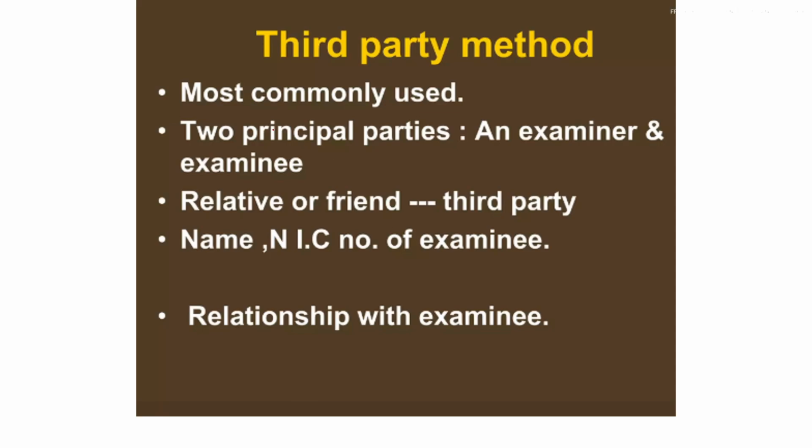The third party method is the most common method in which two persons are there and asking different questions to know about the identity of a person. All right, there are two principal parties, an examiner and examinee. They might be the relatives or friends, and they might tell about the name, CNIC number, and examinee. Okay, and there might be some relationship with the examinee.